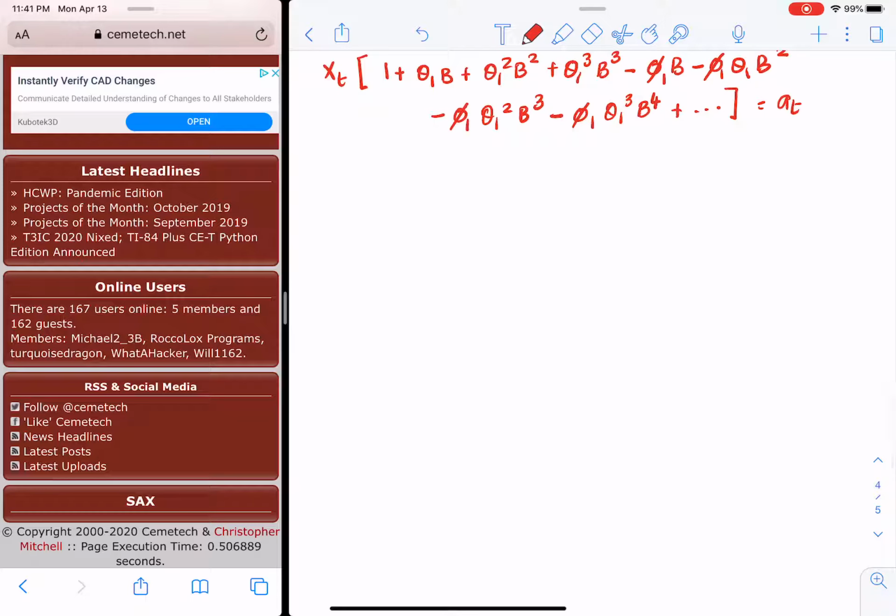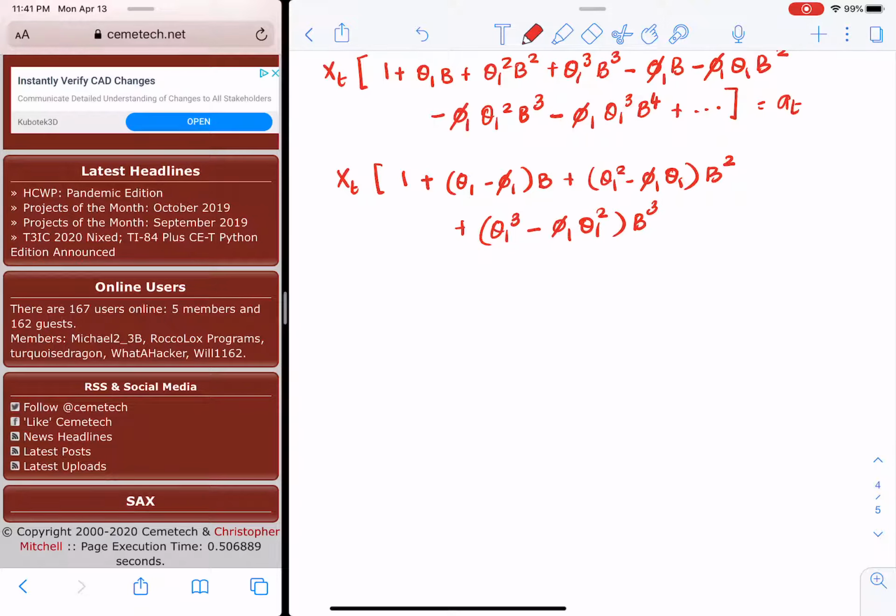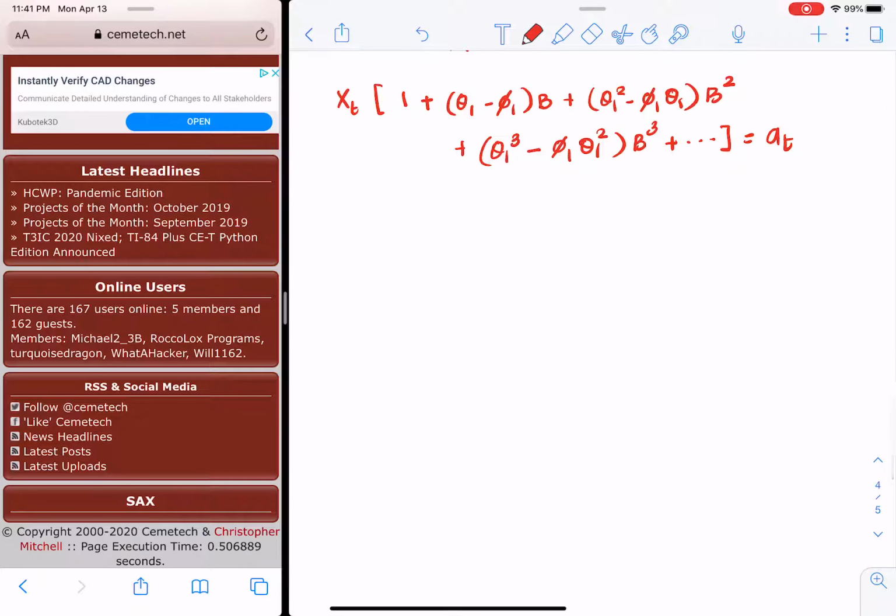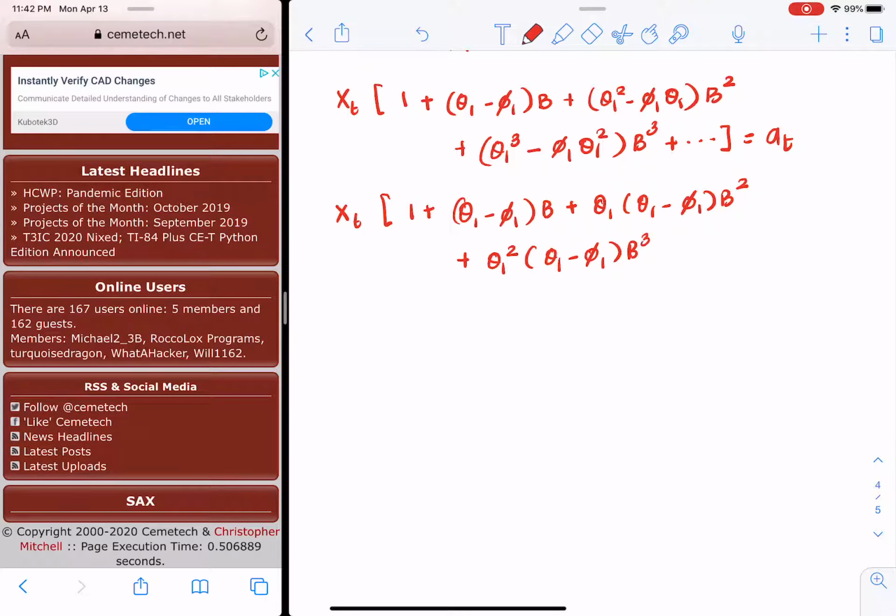Now we'll have to combine like terms, so x_t times (1 plus (theta1 minus phi1) B plus (theta1 squared minus phi1 theta1) B squared plus (theta1 cubed minus phi1 theta1 squared) B cubed, and so on) would equal a sub t, which I can rewrite as 1 plus (theta1 minus phi1) B plus theta1 (theta1 minus phi1) B squared plus theta1 squared (theta1 minus phi1) B cubed, and so on.